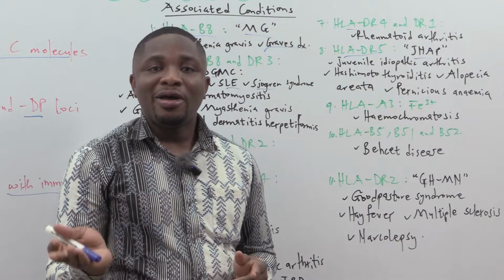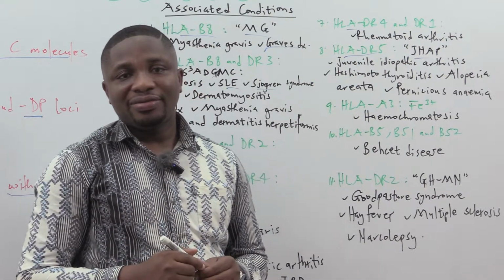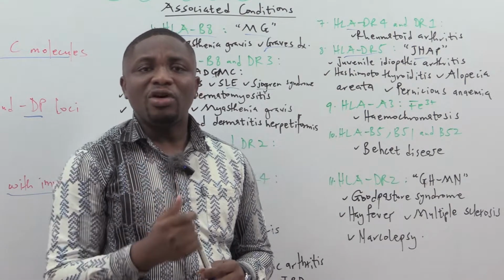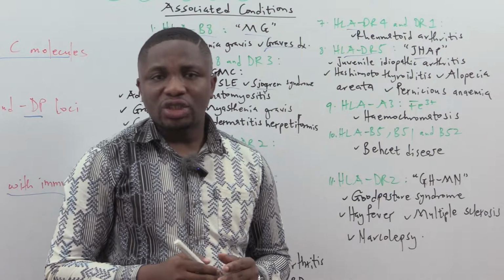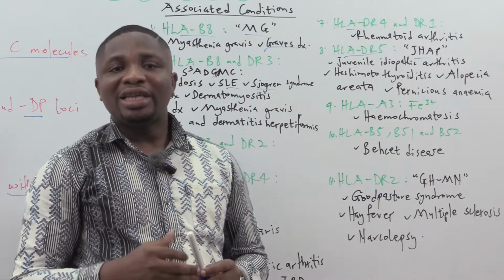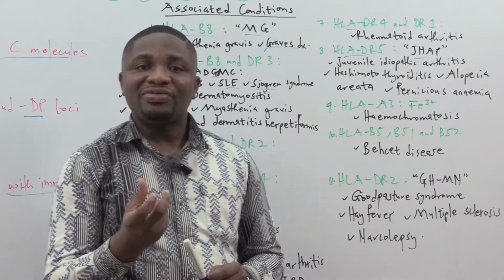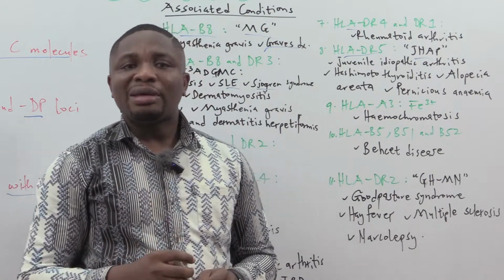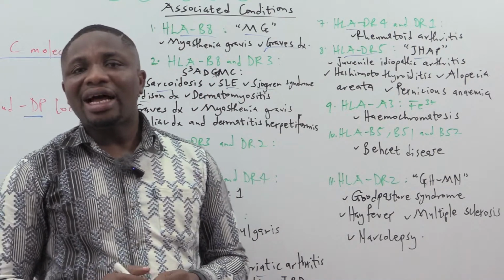And pernicious anemia, that is where there is deficiency of the intrinsic factor. The intrinsic factor is a glycoprotein produced by the parietal cells of the stomach. And this intrinsic factor normally binds to what? Vitamin B12 to enhance its absorption at the terminal ileum.